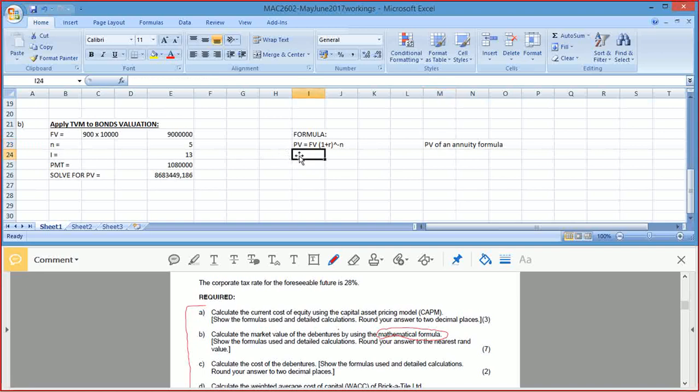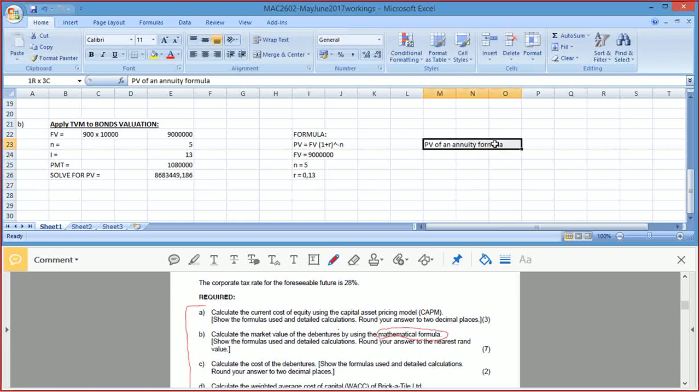So then in this one, you would have FV of 9 million. You'd have an N here of minus 5. Well, N is 5, just it'll be a minus in the formula. And then your R is obviously 13%. Yes. 0.13 if you're using a formula.